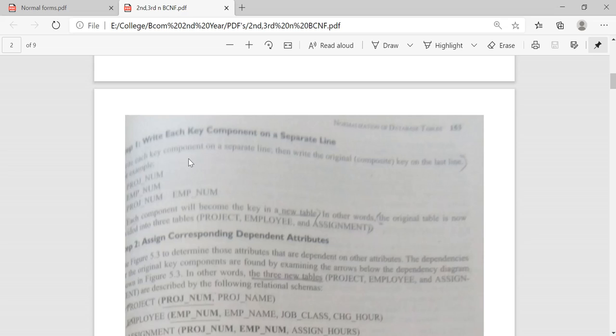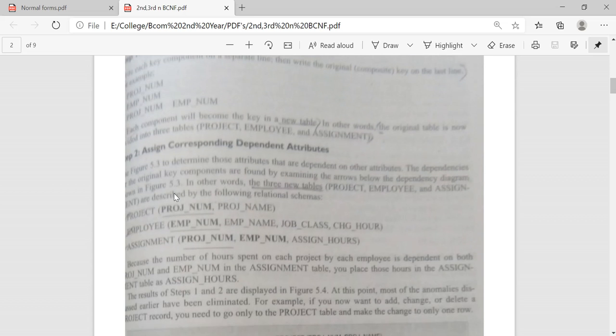Each key component should be written on separate lines, and in the last line we will write the total key, I mean a combination of those two attributes. After writing this, you will create tables based on these key components, where these attributes will be the primary keys.